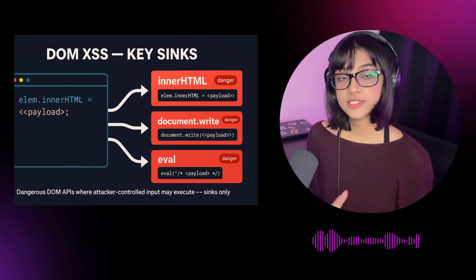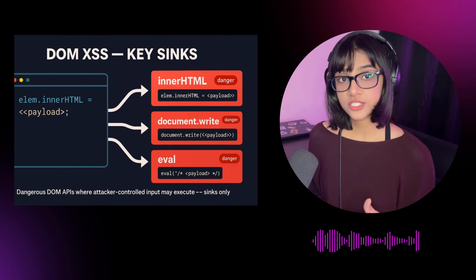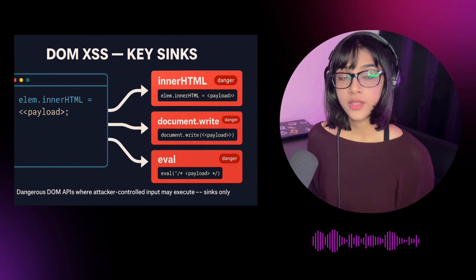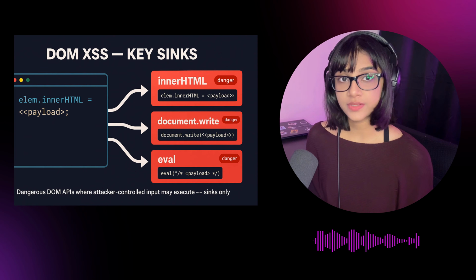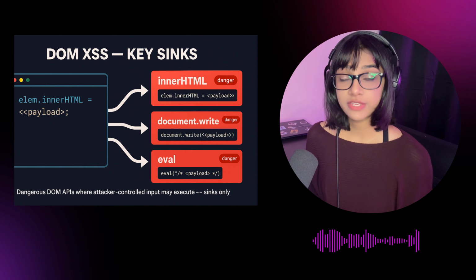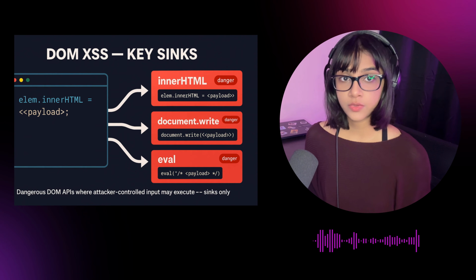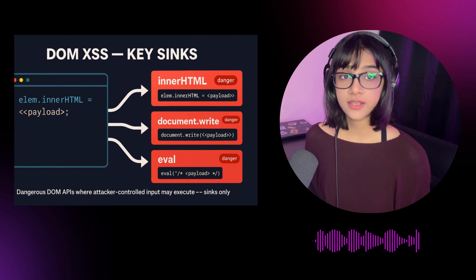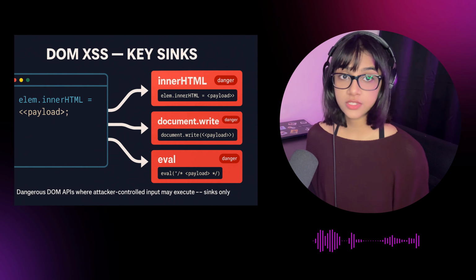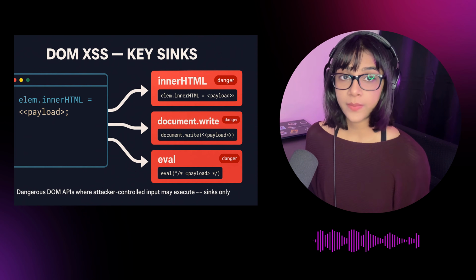So the source takes the input and passes it to a dangerous sink. That's where the actual DOM XSS happens. Even if there's a source, it's fine, but if it's getting passed to a function, aka a sink, that is doing processing without any sanitization and just executing the code, then it's a DOM XSS.